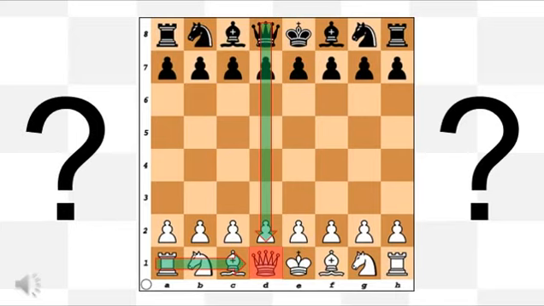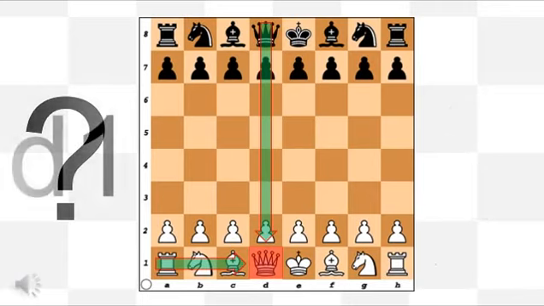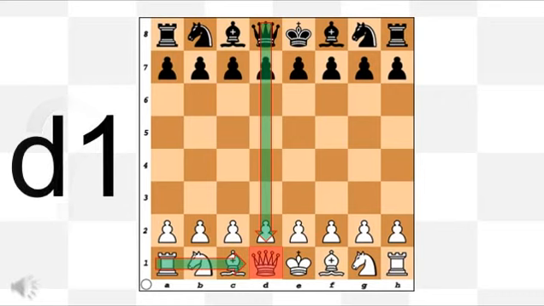What is the location of the white queen, highlighted here in red? You'll have a few seconds before the answer is shown. The notation for the white queen is D1.